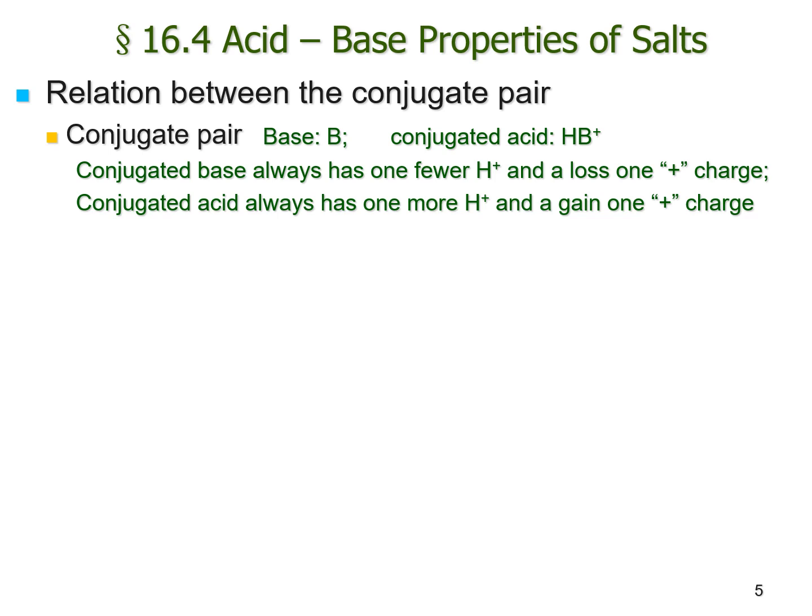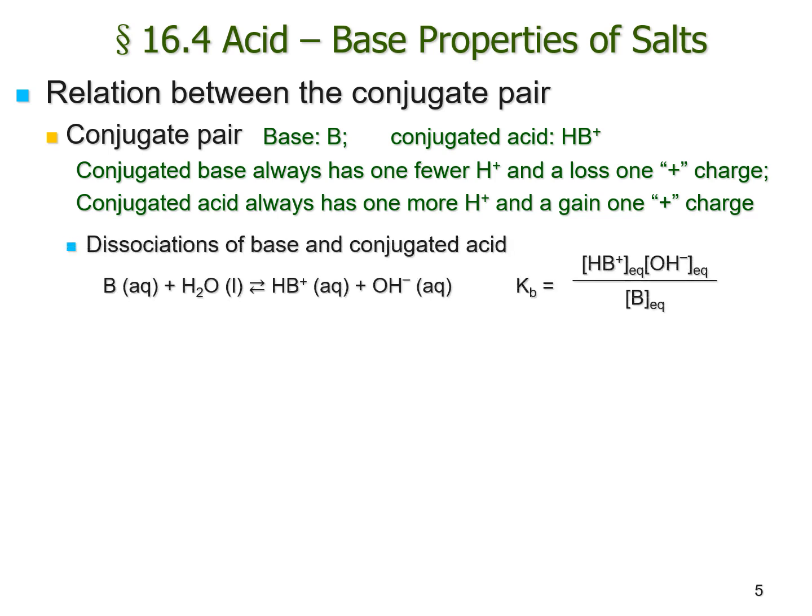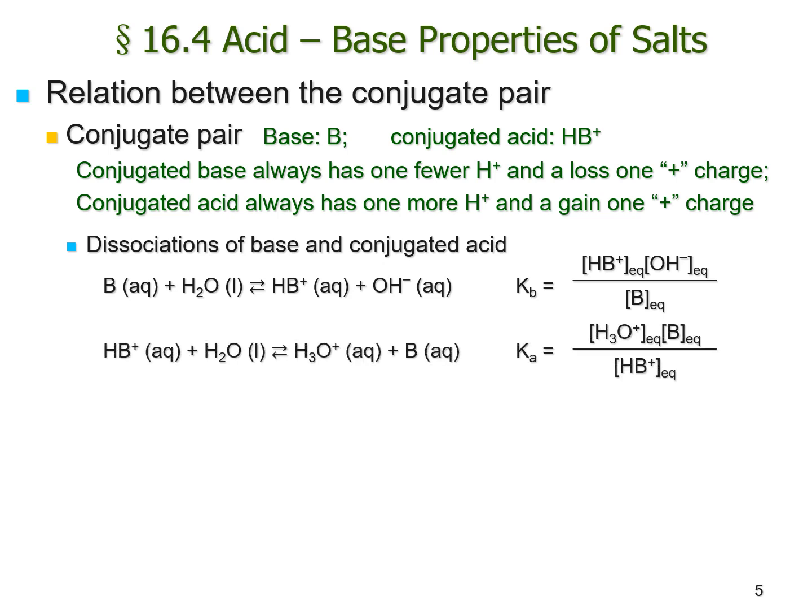Base undergoes base dissociation. Acid undergoes acid dissociation. So here we go. Base dissociation of a weak base, so we have Kb. And the conjugated acid, since it's an acid, undergoes the acid dissociation. We have Ka there.